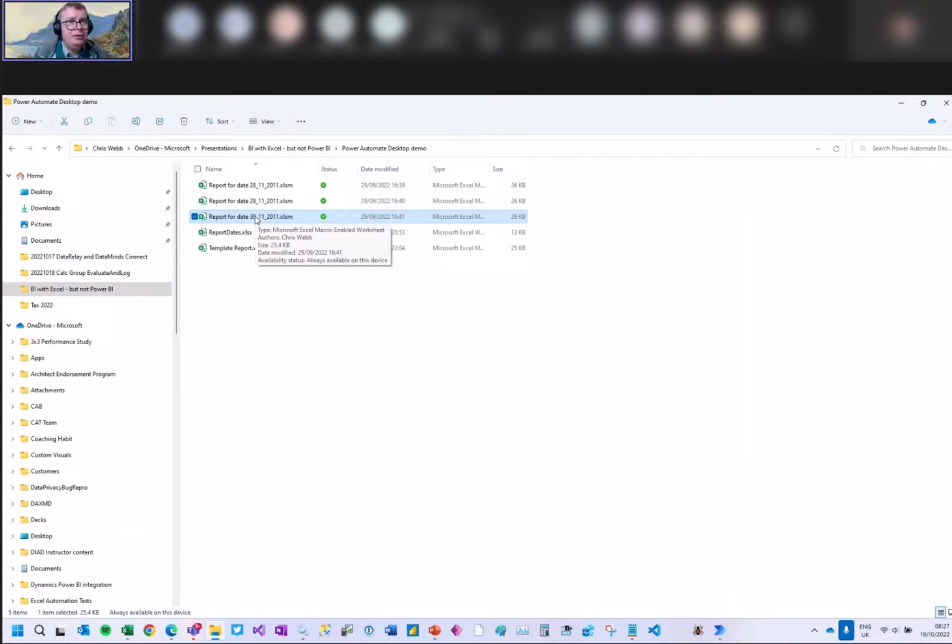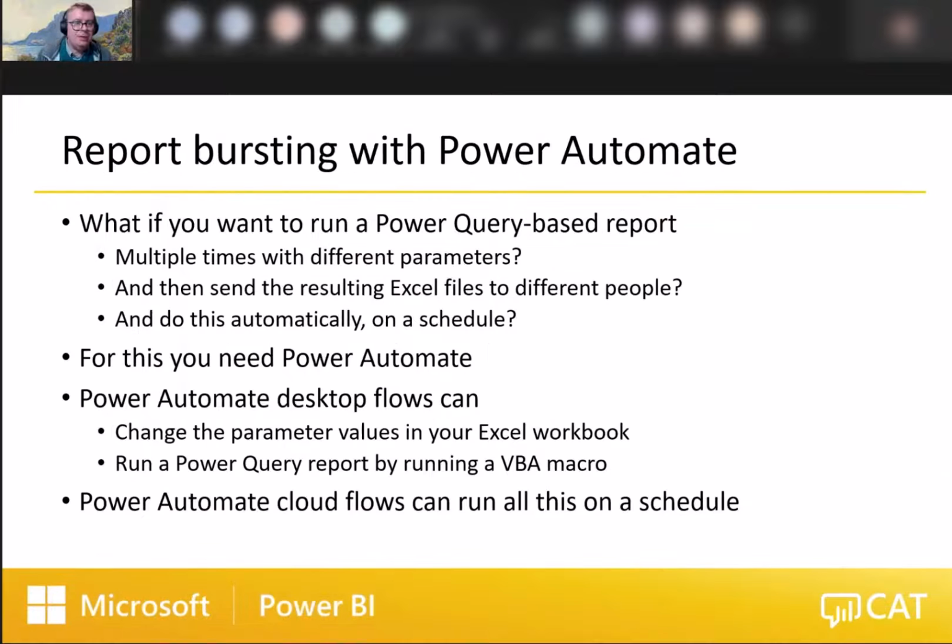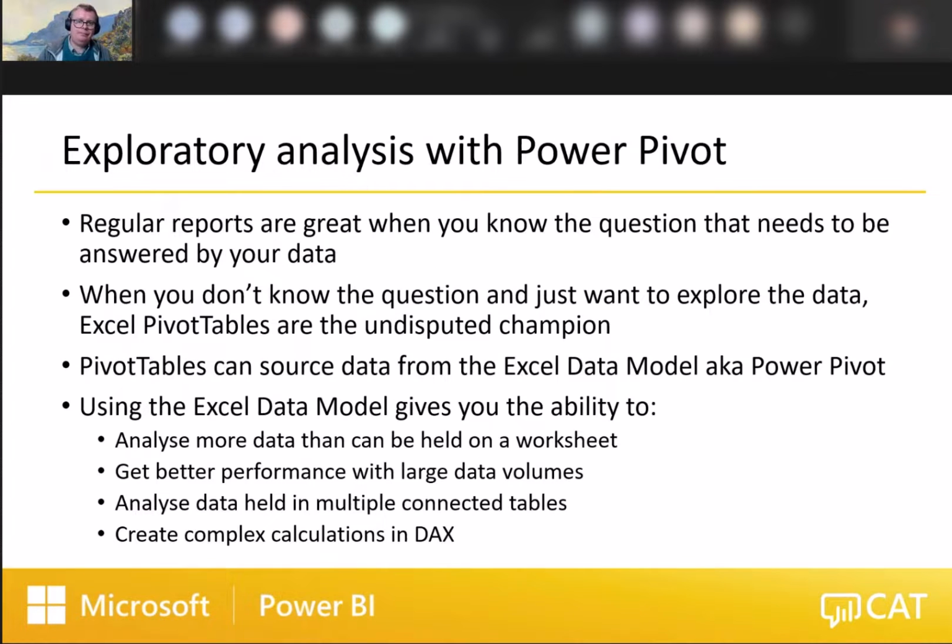You can run this on a schedule, and then in combination with Power Automate on the web, you could save this to a file share or maybe email these workbooks out to different people. So you can't do this in pure Excel, but with Power Automate and Power Automate Desktop, you can automatically generate a large number of Excel reports.